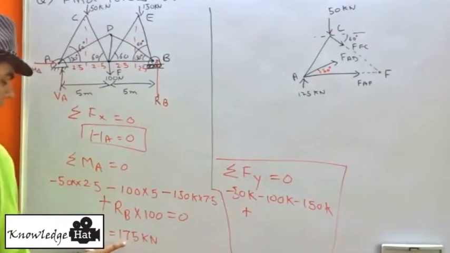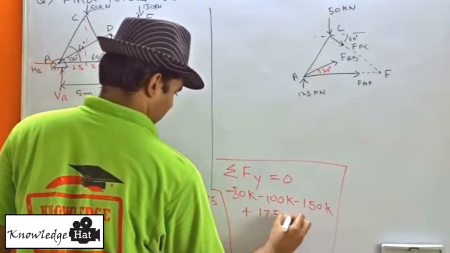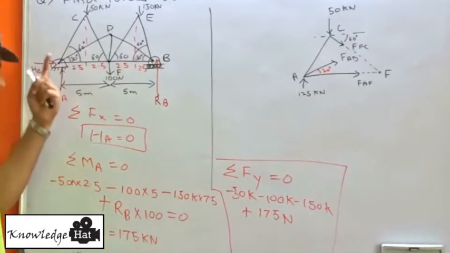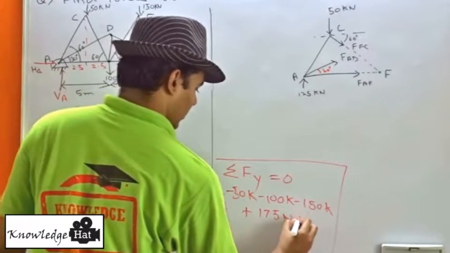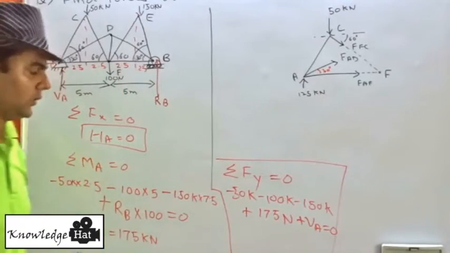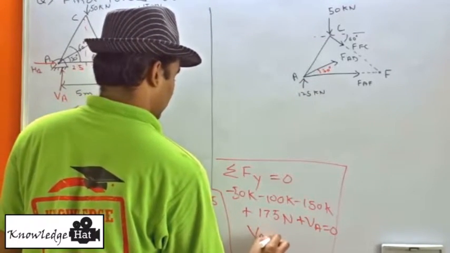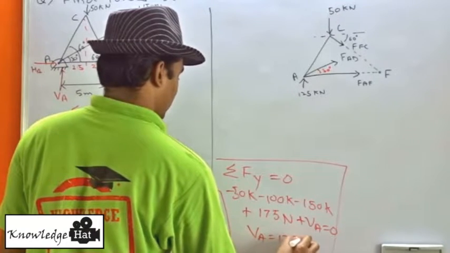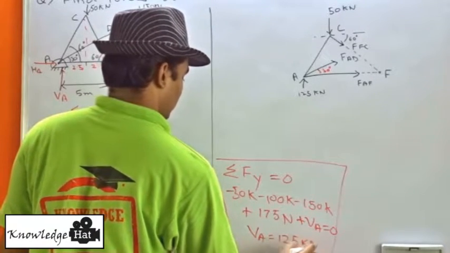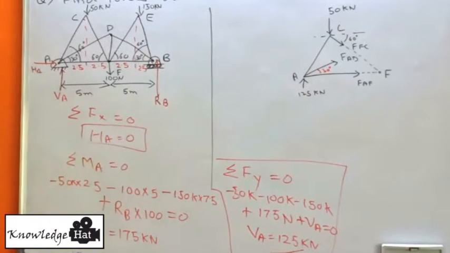RB has a value of 175 kilonewtons. And VA, which we have to find, which is the unknown, is also in positive direction, and we equate it to 0. And once we solve these values, we get VA is equal to 125 kilonewtons. So now we have all the reactional forces with us.